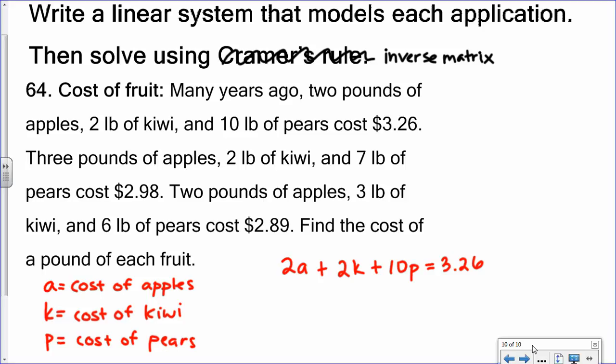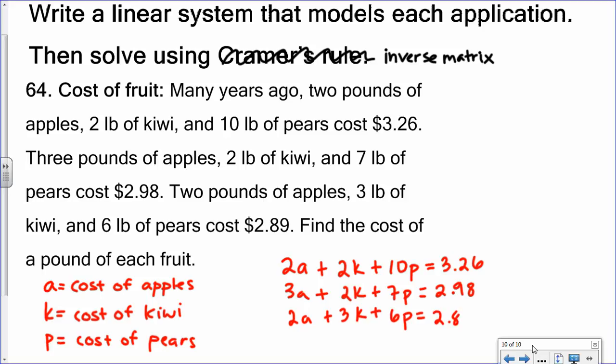So we'll go ahead and fill in those other 2 equations. 3 pounds of apples plus 2 pounds of kiwi plus 7 pounds of pears was $2.98. And then 2 pounds of apples plus 3 pounds of kiwi plus 6 pounds of pears is $2.89.